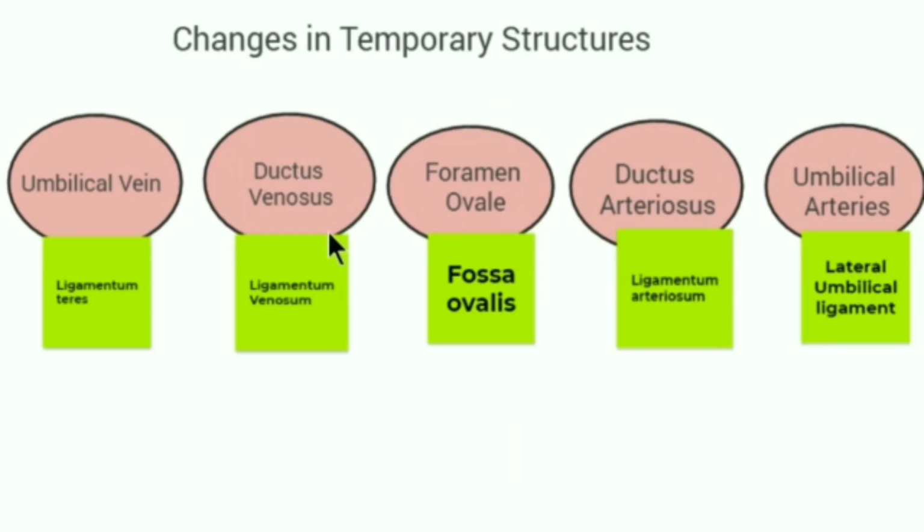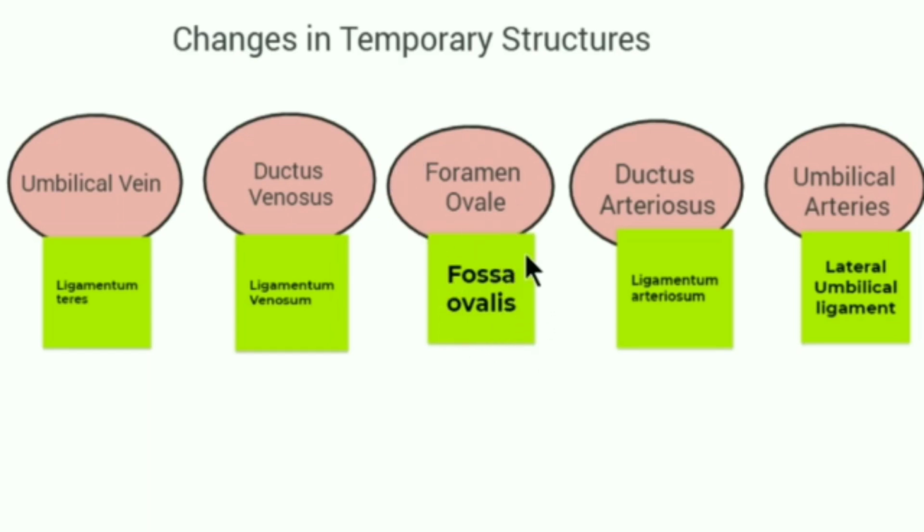So we will discuss the changes that take place after birth in these additional temporary structures. The umbilical vein becomes the ligamentum teres, the ductus venosus becomes the ligamentum venosum, and the foramen ovale becomes the fossa ovalis. Functional closure of the foramen ovale takes place at the time of birth, but anatomical closure takes place around 1 year only.